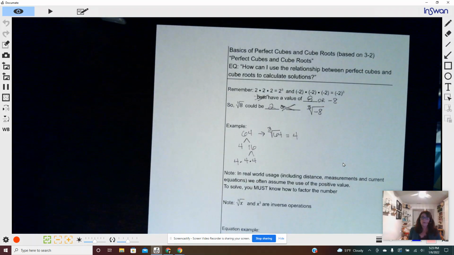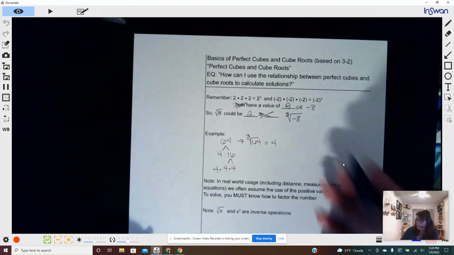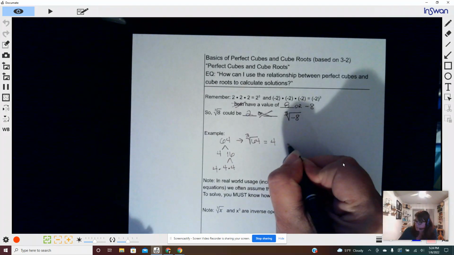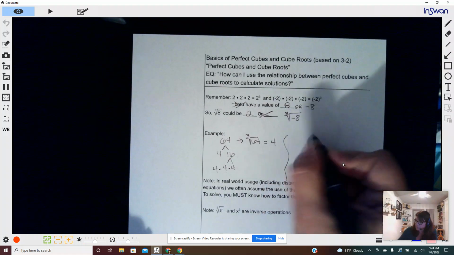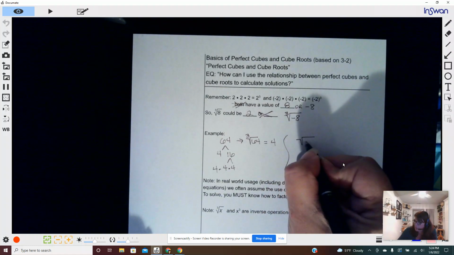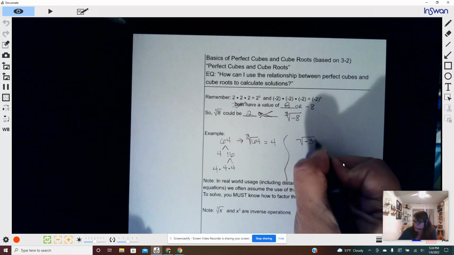Okay. Here's one that's going to look complicated, but not so much. The cube root of negative 343.